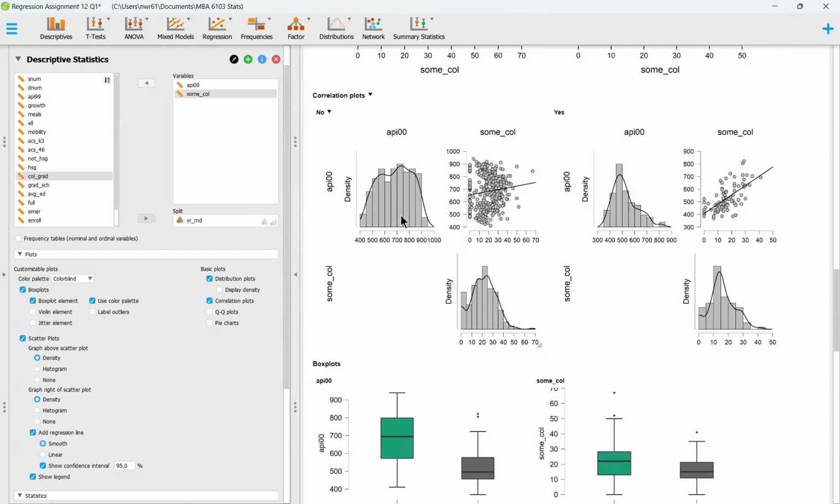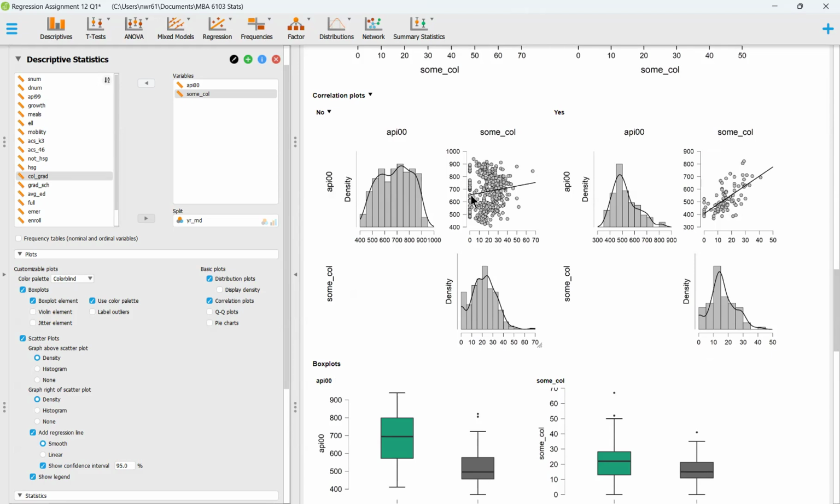It looks like the highest range for API 00 no seemed to be around 700. Meanwhile, the average range would be 650 in terms of the score for the percentage of parents that did not attend some college.